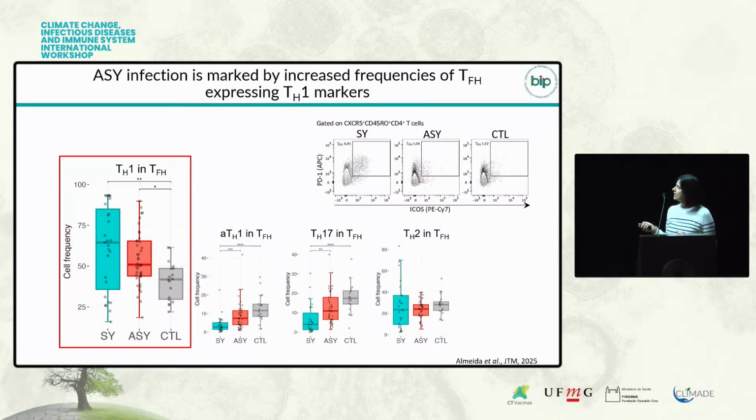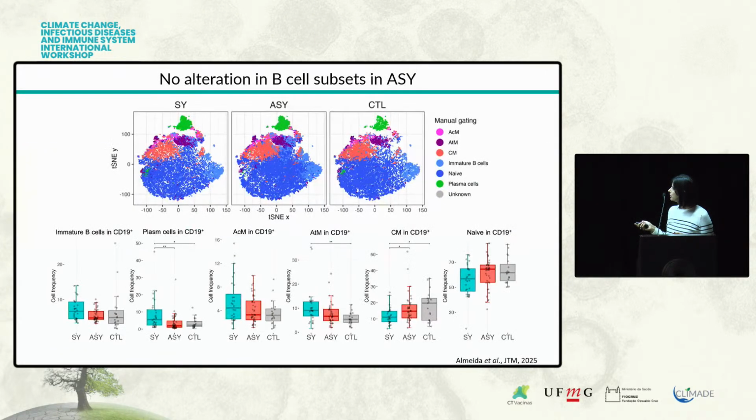And knowing that T follicular cells help the maturation and development of B cells, and also antibody production, we looked at the B cells. You can see here in this t-SNE and in this box plot that for plasma cells, only symptomatic have higher frequency compared to asymptomatic and controls.